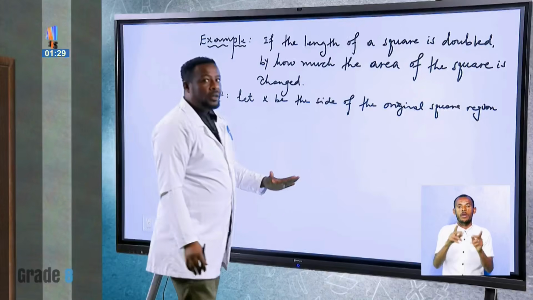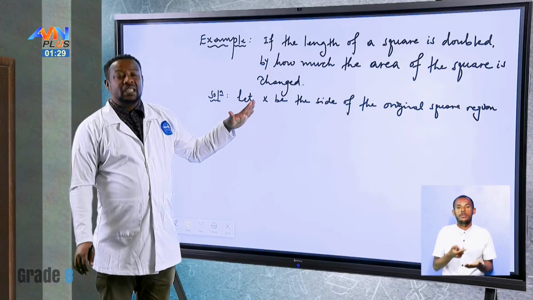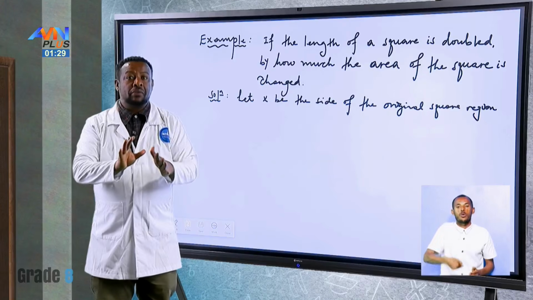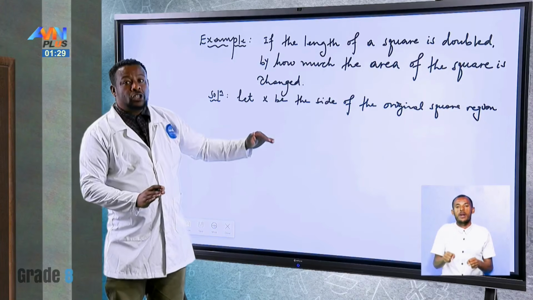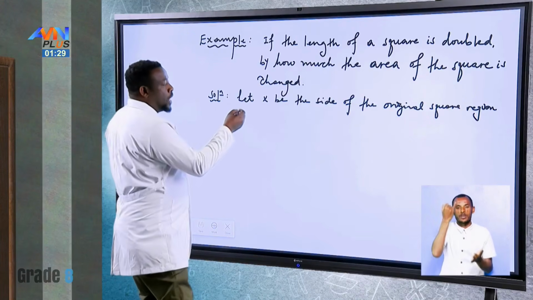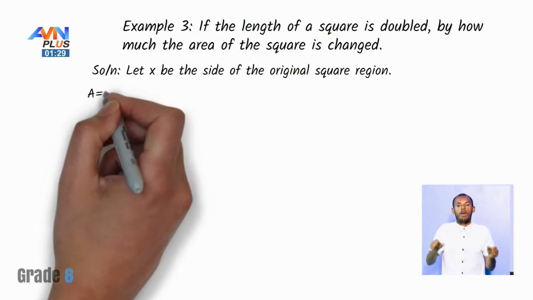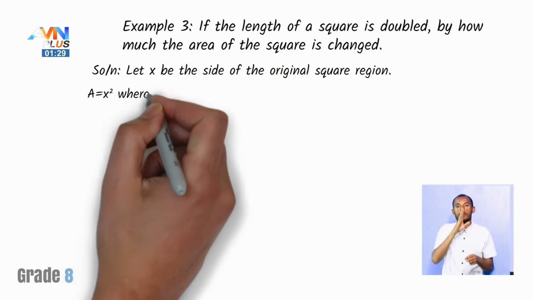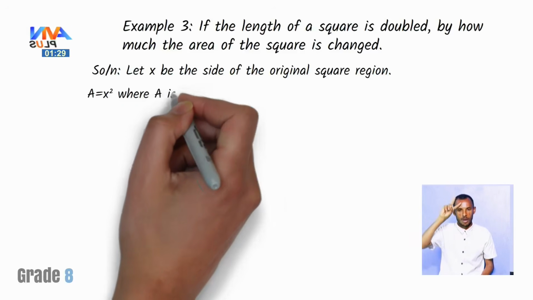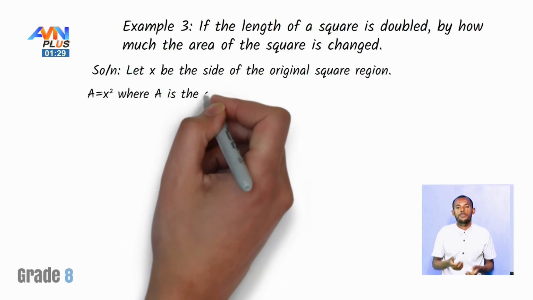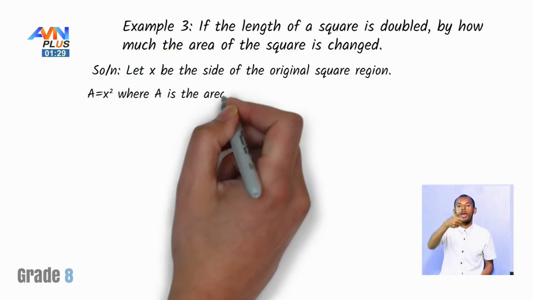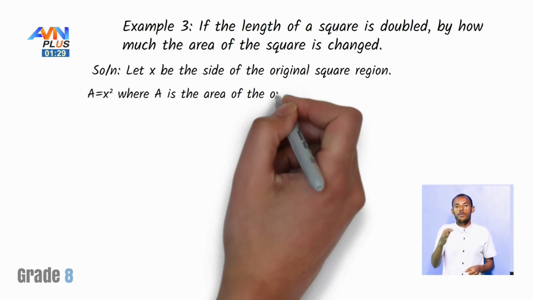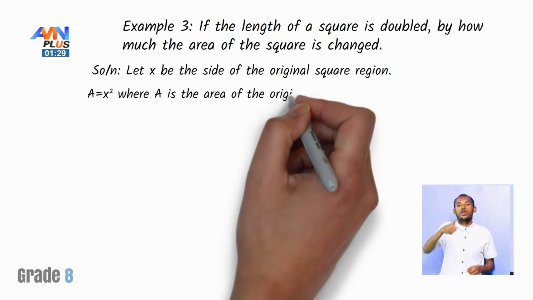Okay, here I'm representing x as the side of the original square region. So based on this notation, the area of the original square becomes A equals x squared, where A is the area of the original square.